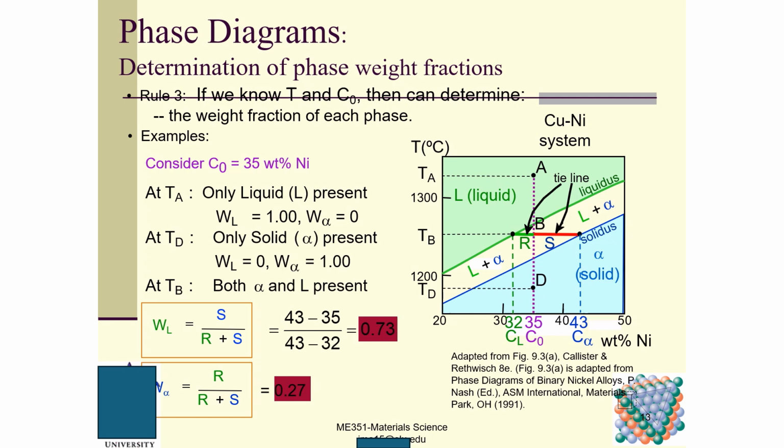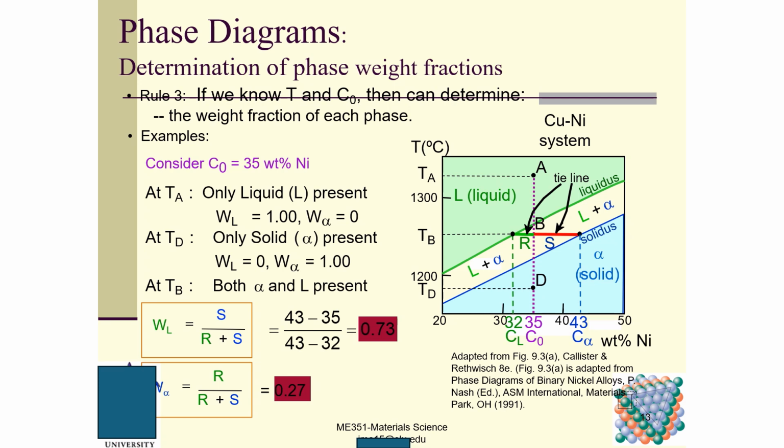Then how can we calculate the percentage? For WL and W alpha, these two have the same denominator, but the numerator is different, and be very, very careful. The numerator for WL equals the length of the arm to the right of point B. On the contrary, the numerator for W alpha is the length of the arm to the left of point B. This is called a lever.